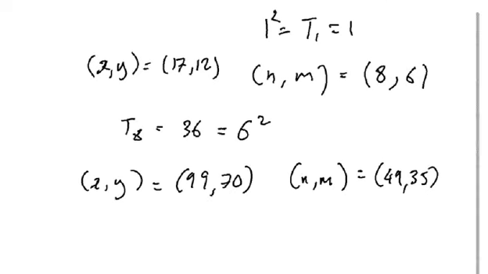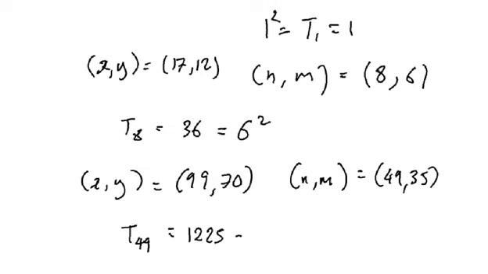And I think, if memory serves, the 49th triangular number, get your brain in gear for this, is going to be 1225, which is equal to 35 squared. So the beauty of this is we can now generate as many solutions as we like.